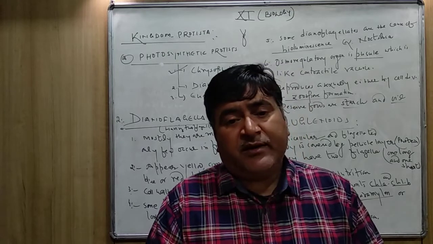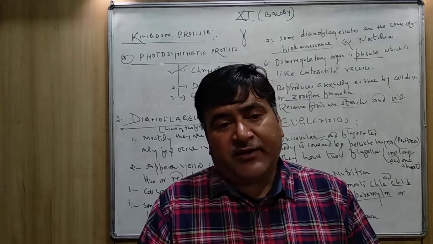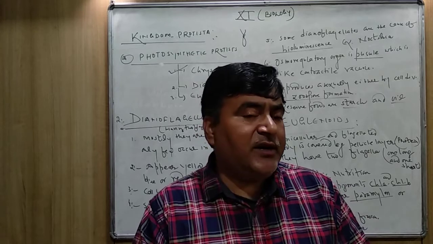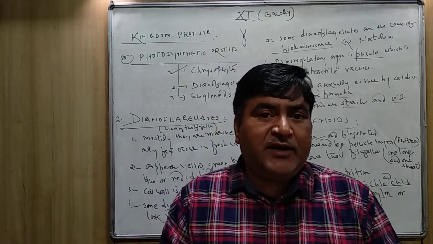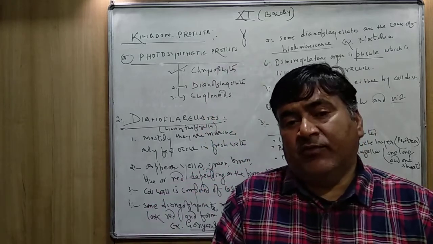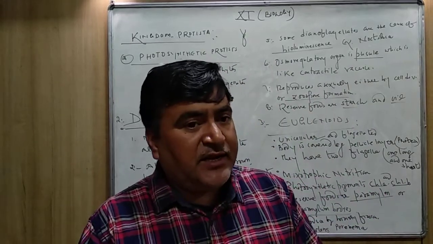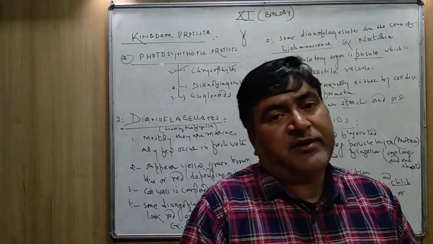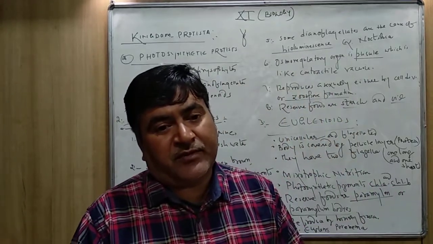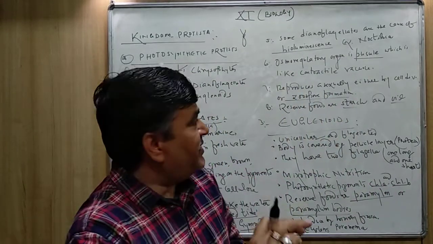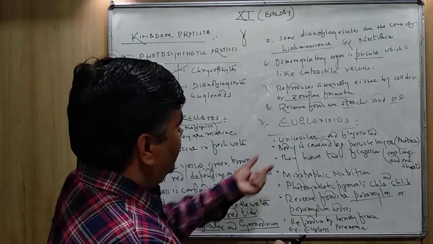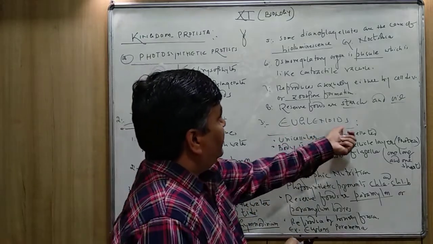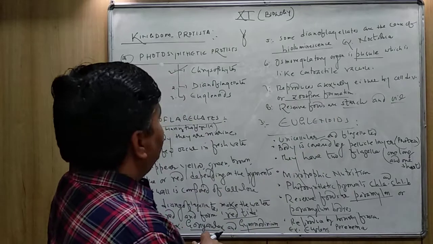You can remember the euglena. Euglena is very special. It has the characteristics of both plants and animals. You can say it is the connecting link between plants and animals. That's why a separate subgroup has been made, the euglenoids.